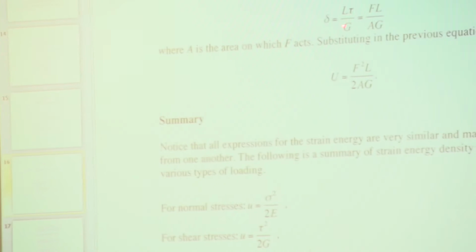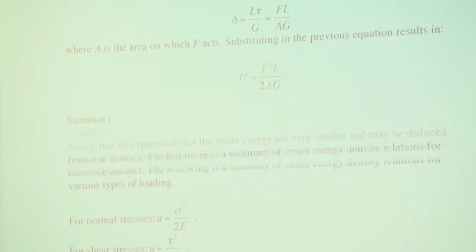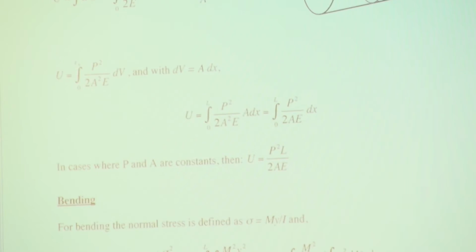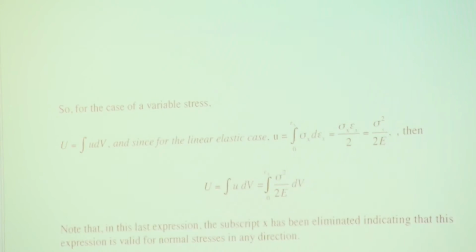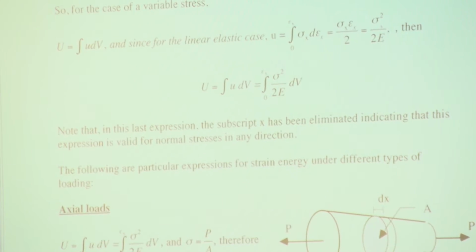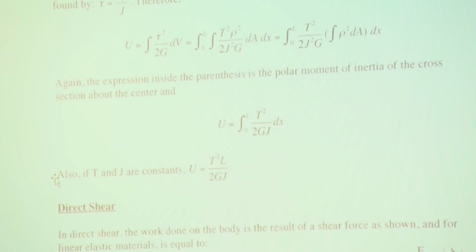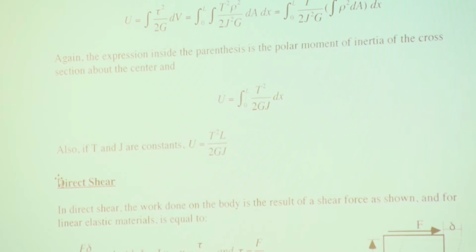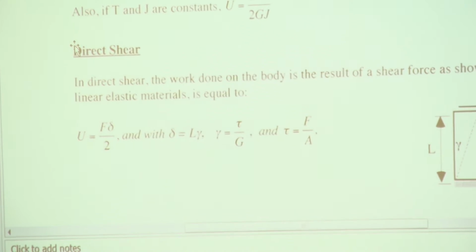With delta equal to L tau over G. By the way, let me show you where that comes from. So delta equals L gamma, gamma equals tau over G. You substitute for gamma, and you get this equation.